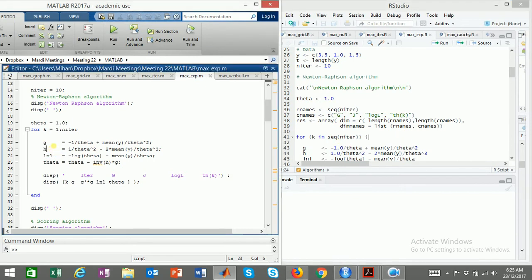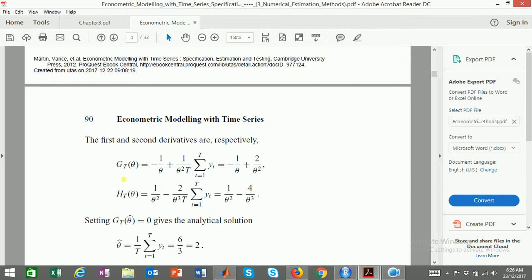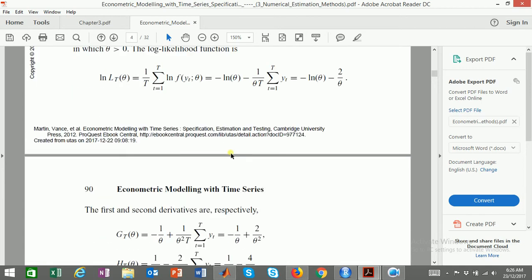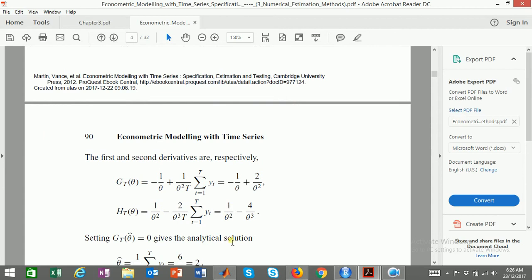Sequence, so g is equal to minus 1 by theta plus mean of y by theta square, Hessian 1 by theta square minus 2 by log theta minus mean of y by theta, 1 by theta square minus 2 mean of y divided by theta cube. These are regular equations. So gradient is minus 1 by theta plus 2 by theta square when you have an exponential distribution, and Hessian is 1 by theta square minus 4 by theta cube.